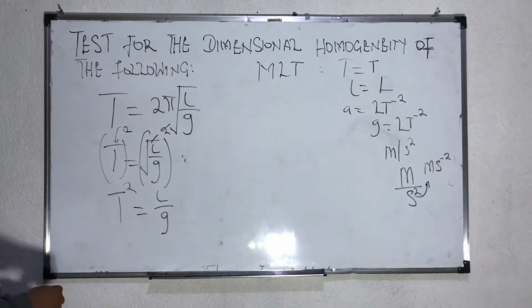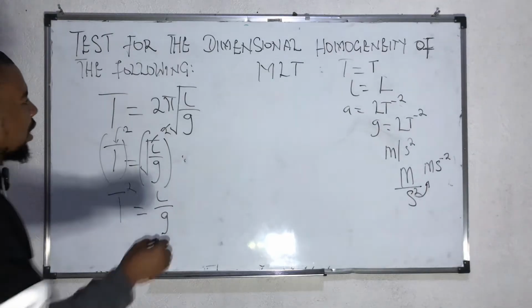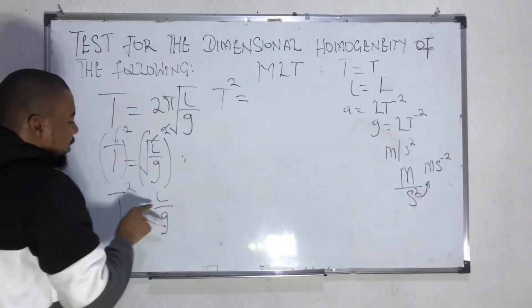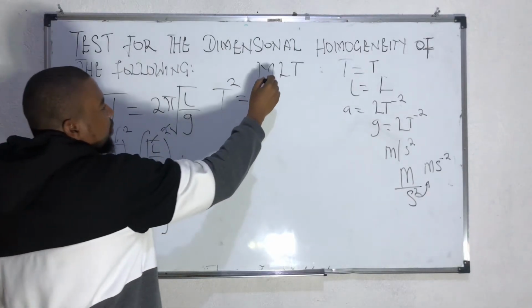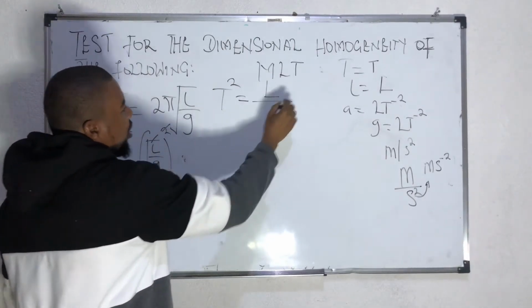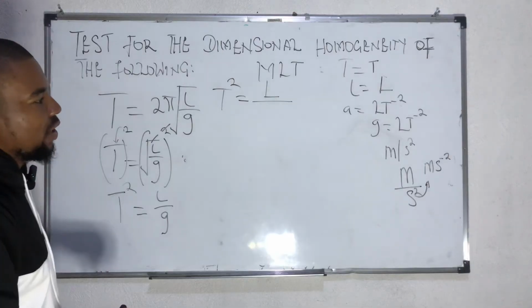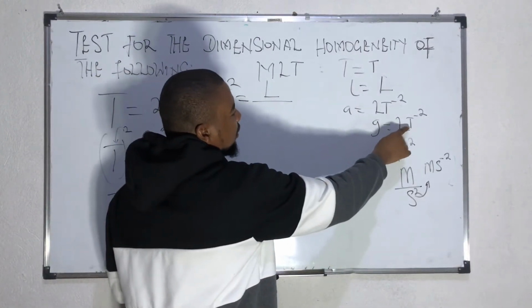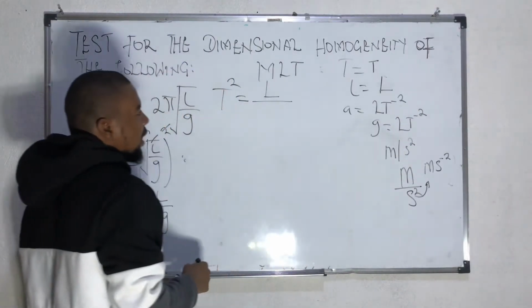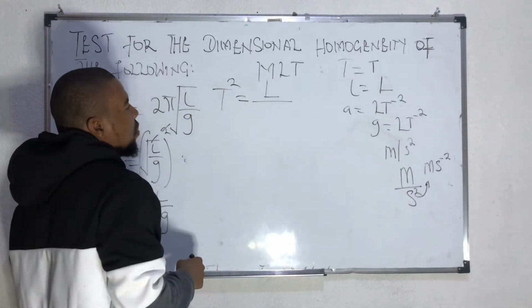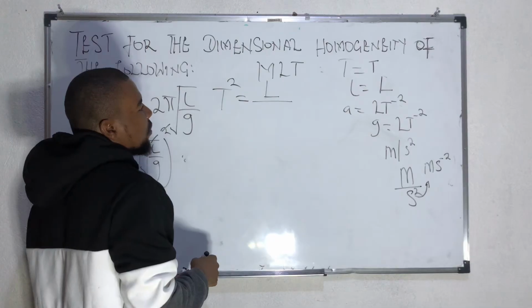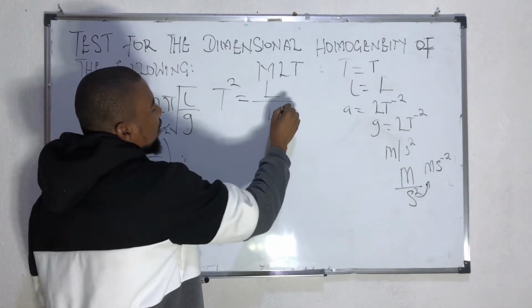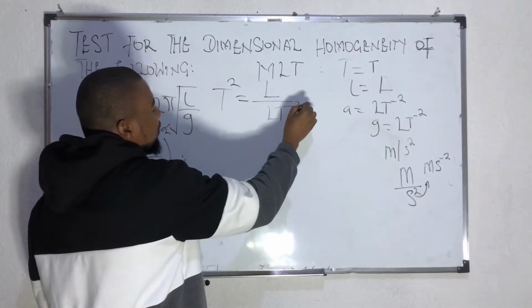If we do that, here we have t squared equals, the dimension for L is simply length, L, over the dimension for G, which is acceleration due to gravity, is LT to the power negative 2, right? That's the dimension for acceleration due to gravity. We have LT to the power negative 2.